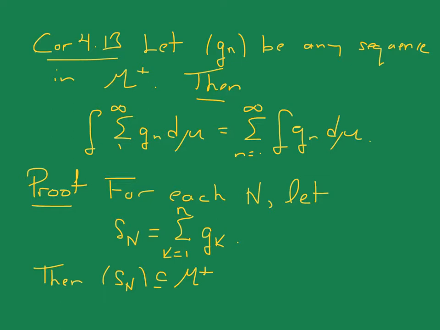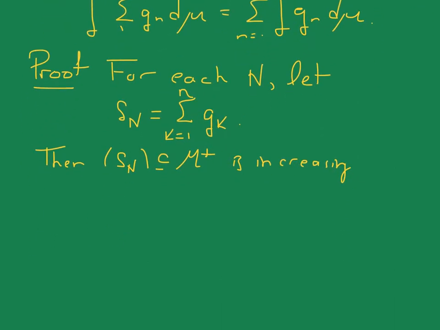And furthermore, this sequence of partial sums is increasing. Why is it increasing? Well, because each g sub n is greater than or equal to 0. So, writing that, we have, just move up a little bit.